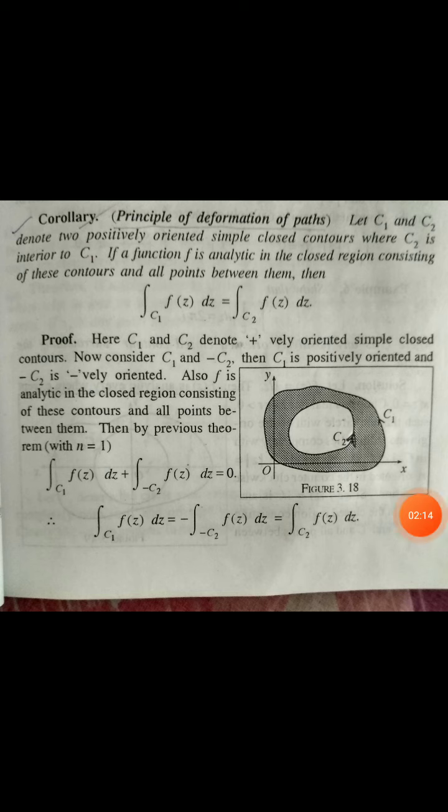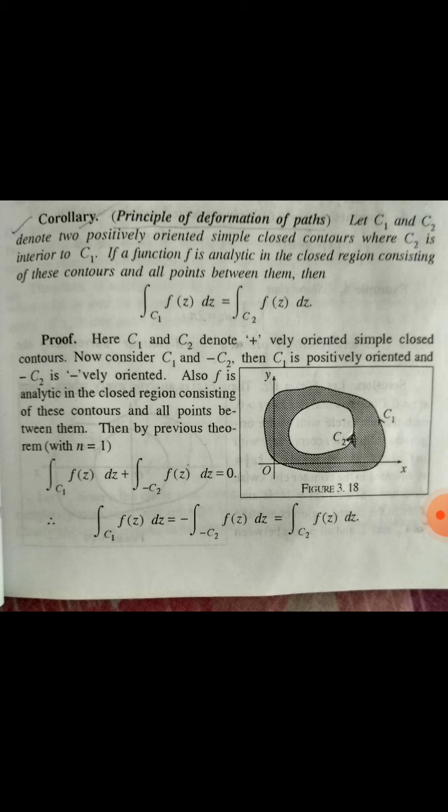Okay, let's move to the proof. Let C1, C2 denote two positively oriented simple closed contours. So C1 is in the counterclockwise direction, then minus C2, negative of C2, will be in the opposite direction. So you can apply the Cauchy-Goursat theorem for multiply connected domain.